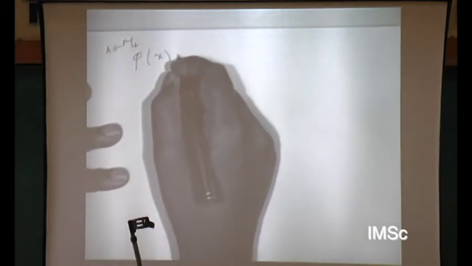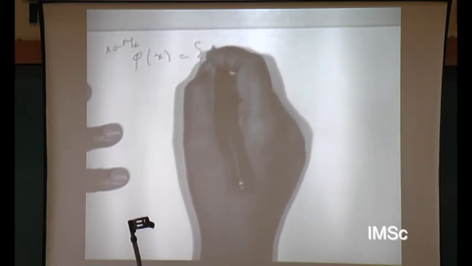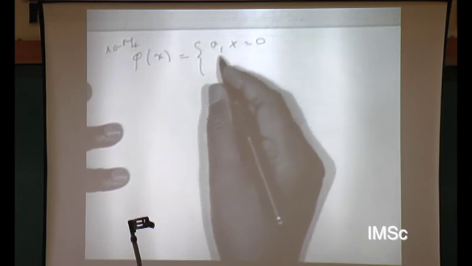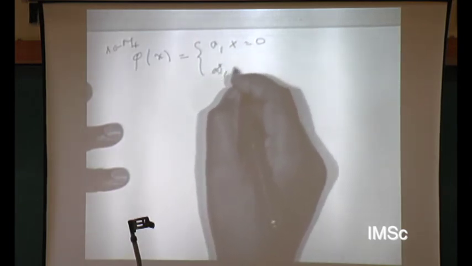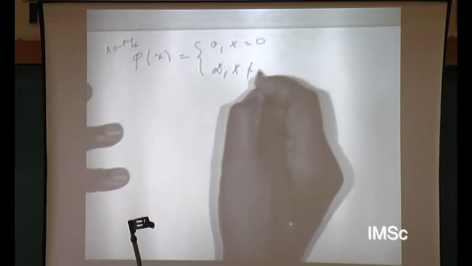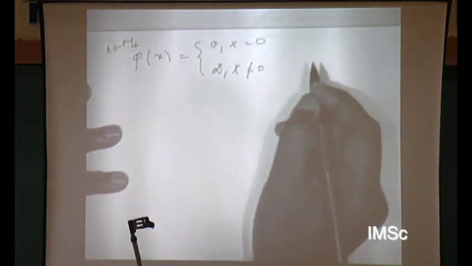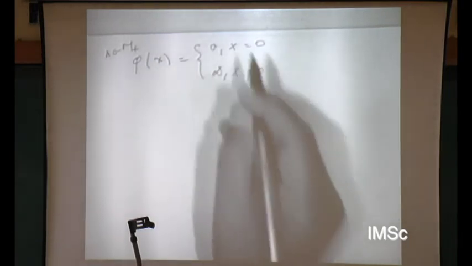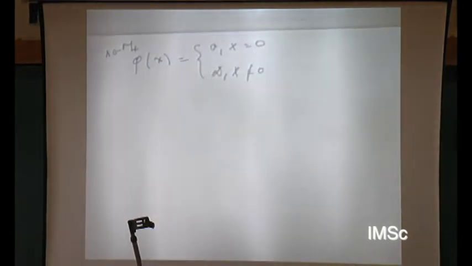Suppose I define phi of x to be 0 if x is 0, which of course it has to be, and suppose I define everything else to be infinite. It is like defining a measure where the measure of the empty set is 0 and for every other set the measure is infinite. That is certainly a measure, but it's not a very interesting measure.